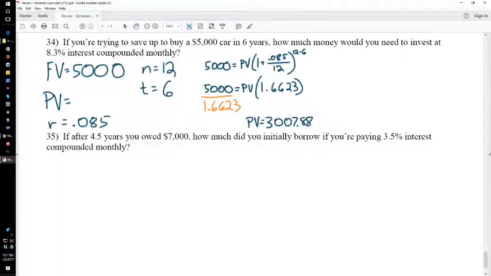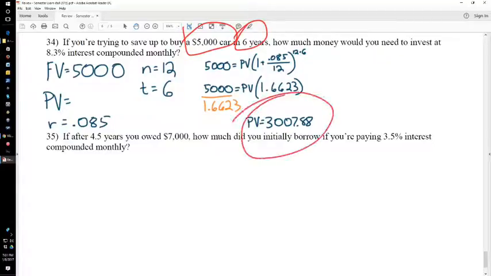So bottom line is this: if I want $5,000 in 6 years, I want to put away just over $3,000 at 8% in order to have $5,000. Okay, if I can put away $3,000, I can have $5,000 in 6 years.